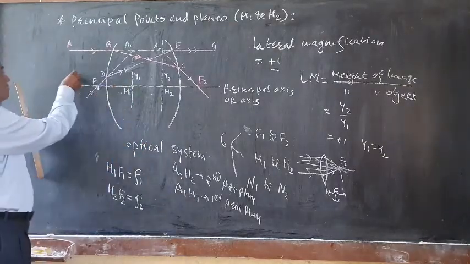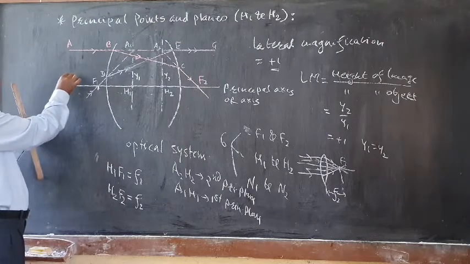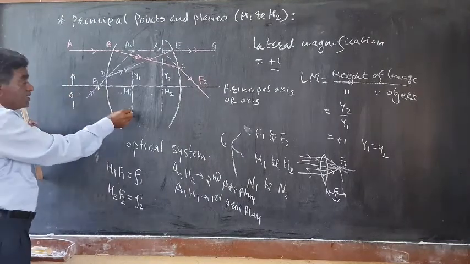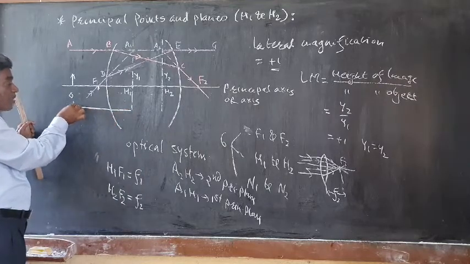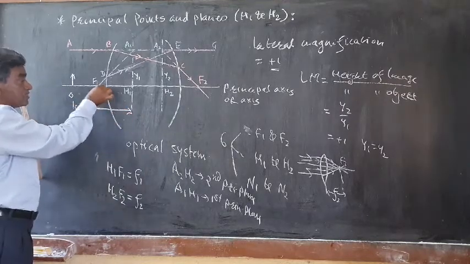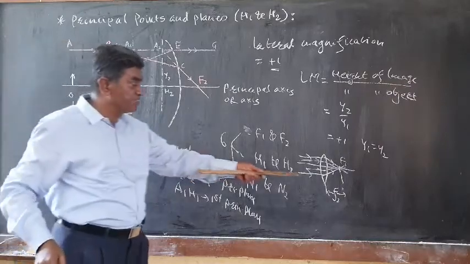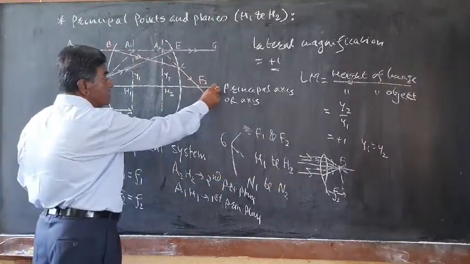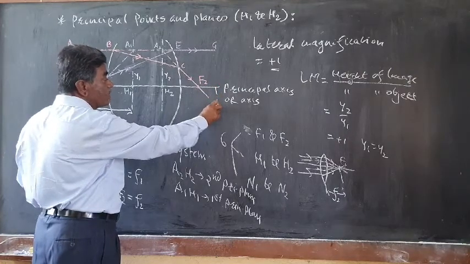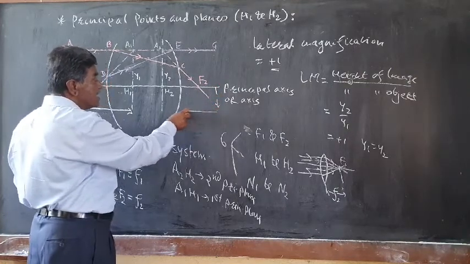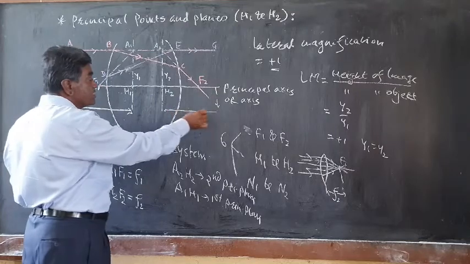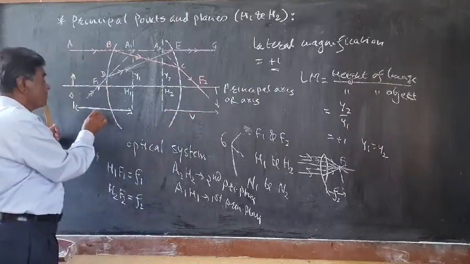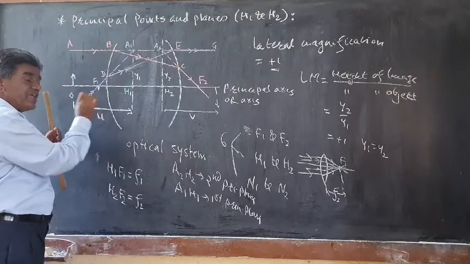If an object is placed somewhere like this, its distance can be measured from this h1, and not from this point, just like in the case of the thin lens. Also the distance of the image, for example, if we are getting it somewhere like this, can be measured from h2. It can be regarded as v, and the object distance as u, as usual, and so on.